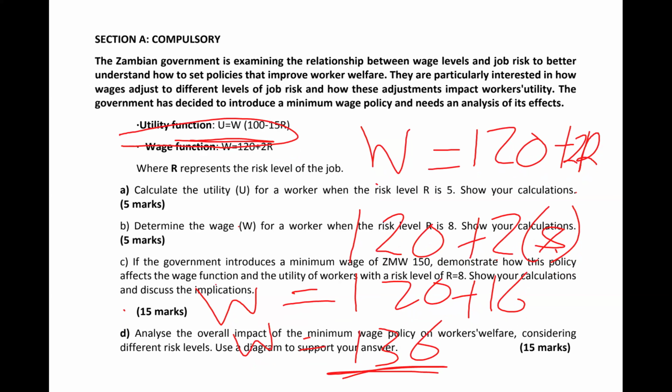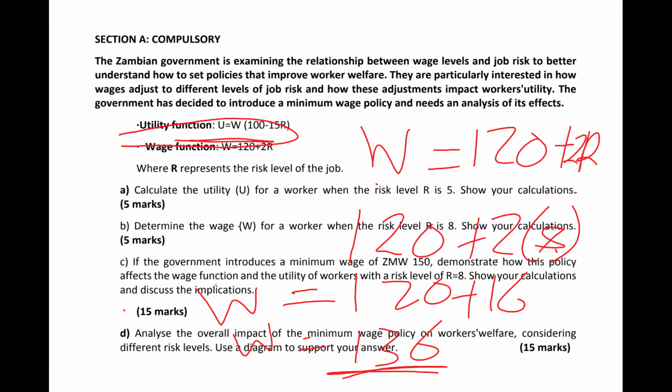You are good? I didn't get my question. Sorry? The question I came across was, can you tell us, can we have a case where there is no risk? There was a question I came across where we're only given the utility function and the wage function. Then they told us to find the value of W and the value of U without giving the level of risk.